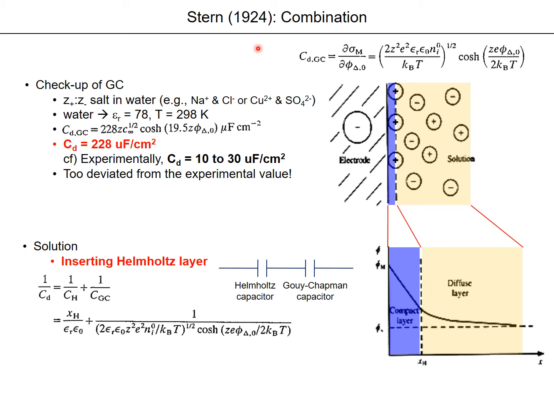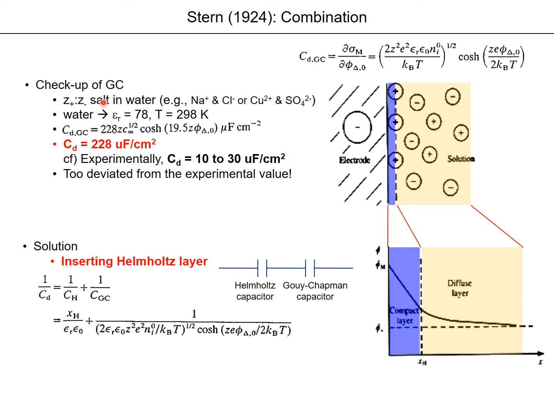But there is still a problem in the Gouy-Chapman model. Let me check the value of the capacitance expected by Gouy-Chapman. Here I have sodium plus and chloride minus in water, or copper 2 plus and SO4 2 minus in water. This kind of salt is named a Z plus to Z minus salt.